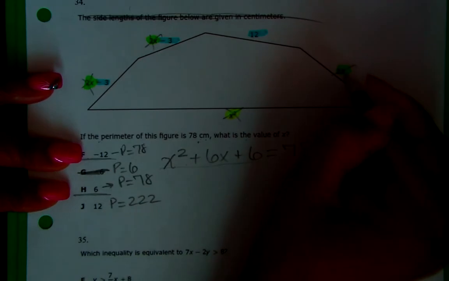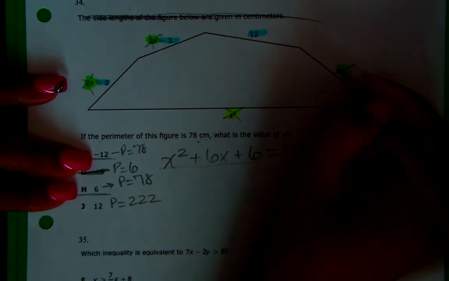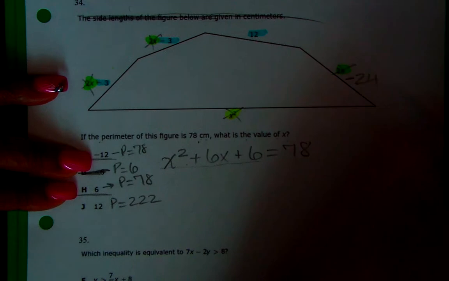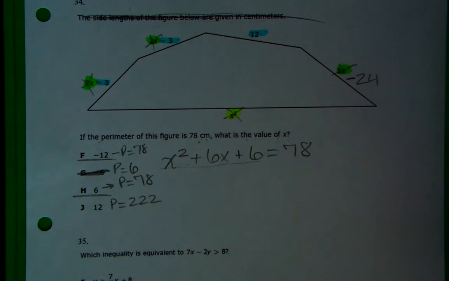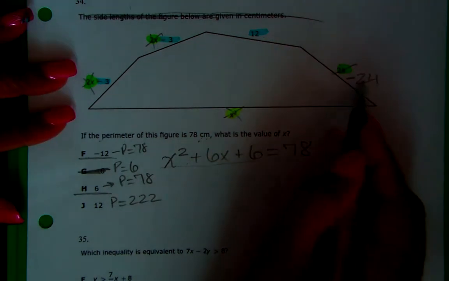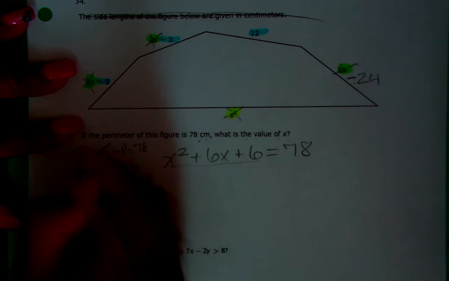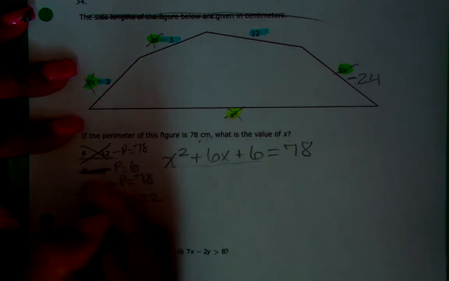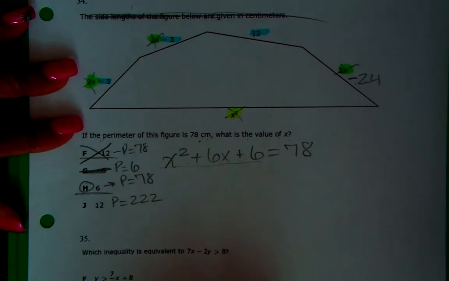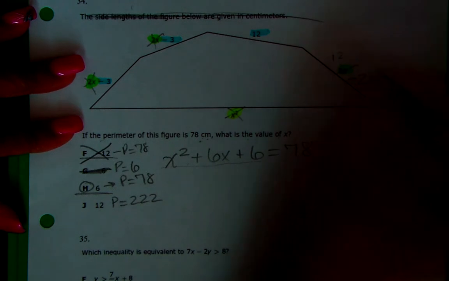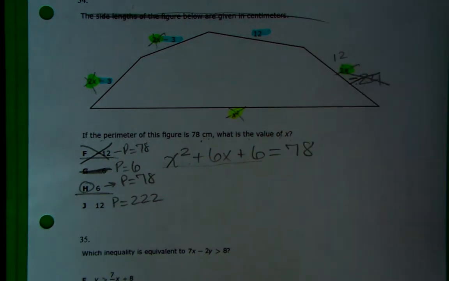If x is negative 12, then this is a negative 24 length. You see? That doesn't make sense. You can't have a negative length. So it can't be F. It has to be H. It has to be 6, because 2 times 6 will give me my 12. So don't get tricked.